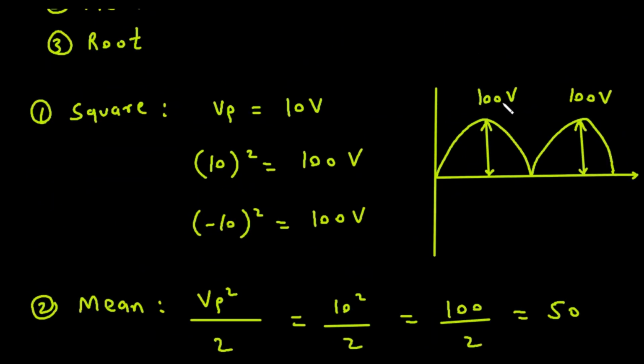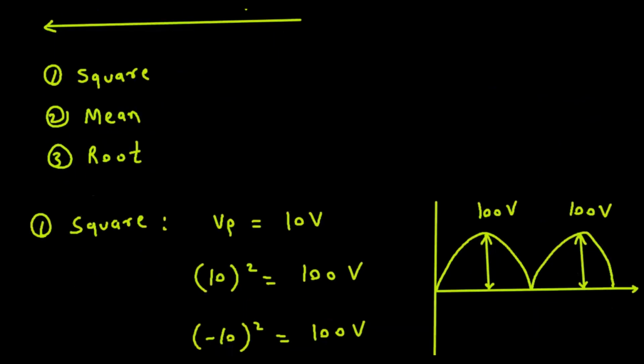So minus 10 squared is equal to 100 volt. Now the resultant waveform will be like this, where this 100 volt represents the maximum value, and again this 100 volt represents the maximum value.